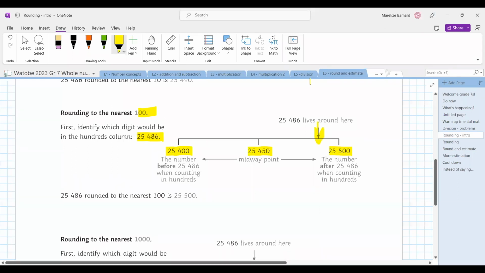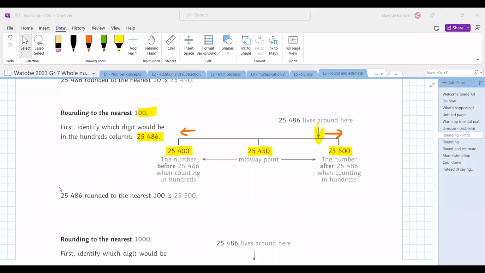So to round to the nearest 100, we are going to obviously go to the 500, right? To the 25,500, because that's closer than 25,400.